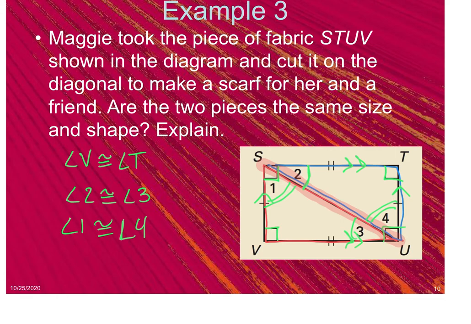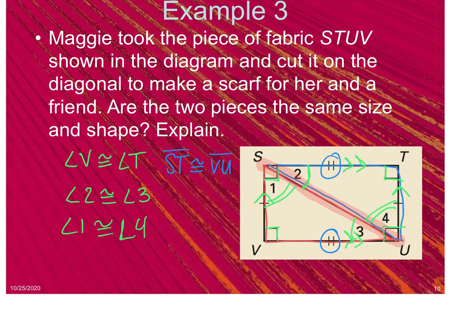Okay. Now, we have to take a look at the sides. Now, ST as a side is congruent, and that one's obvious because it's also listed with a double congruence mark, to VU.